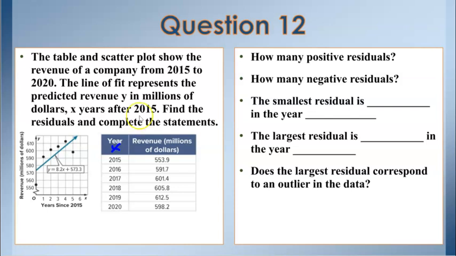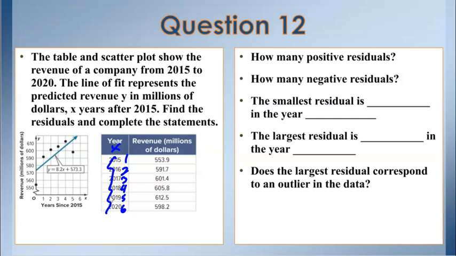So X represents the years after 2015. So 2015 is 1 year, 2016 is 2, and so on.